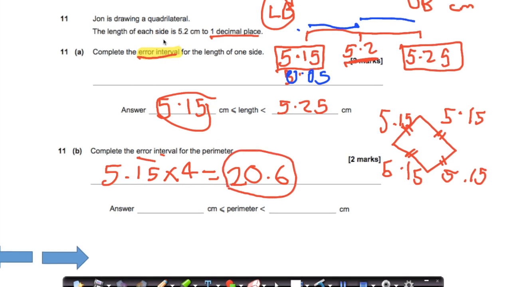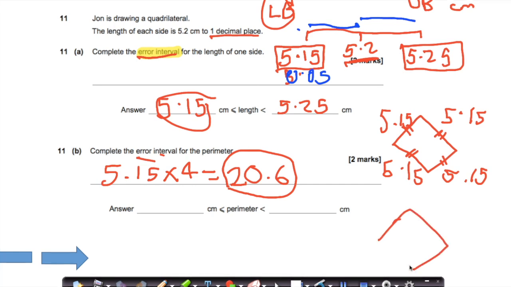We're saying that each side has been rounded to 1 decimal place, so the smallest that each side could have been is 5.15. The largest that each side could be, if we did another quadrilateral, and if we rounded it to 1 decimal place, the upper bound would be 5.25.